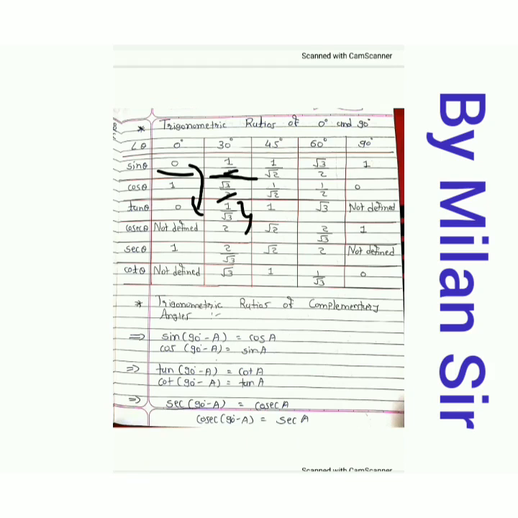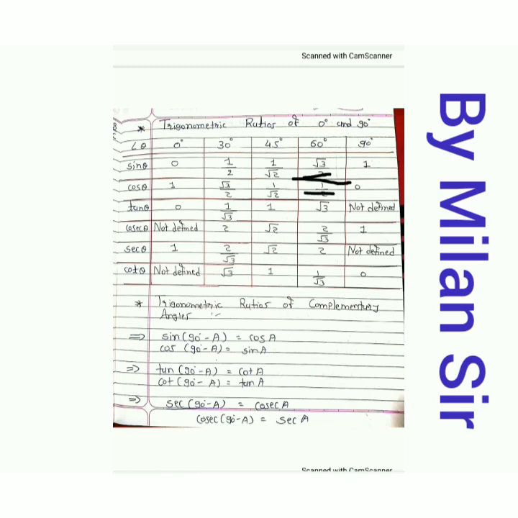You can see the values in the box of sin theta and cos theta. You just need to divide sin theta by cos theta, right? Now 45, 1 upon under root 2 divided by 1 upon under root 2. So numerator and denominator cut. So answer is 1. Then for 60 degree, here under root 3 by 2 and for cos 1 by 2. So again denominator cut. So under root 3 by 1.